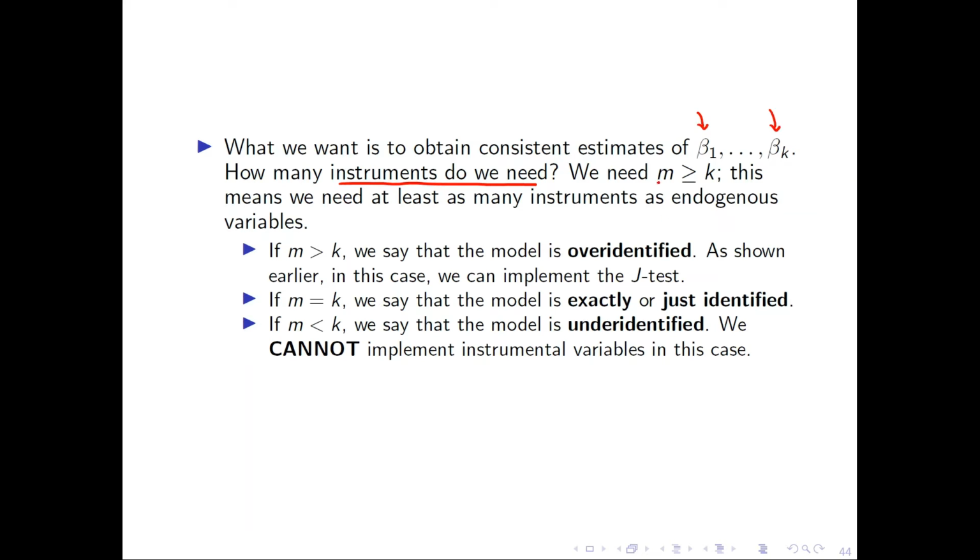We need at least as many instrumental variables, m, as we have endogenous variables, k. So if we have more instrumental variables than we have endogenous variables, then we say that the model is over-identified.